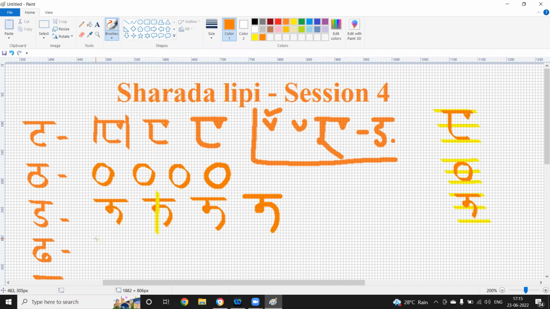Okay, now the next one is dha. For this we start from the left of the Shirorekha, a straight vertical stroke, and then we make a round here at the end of the stroke.